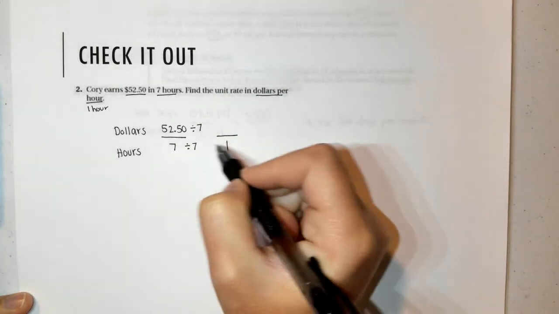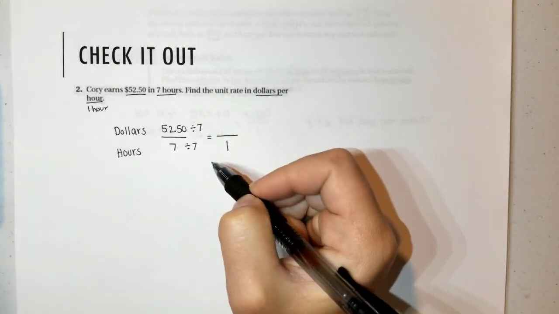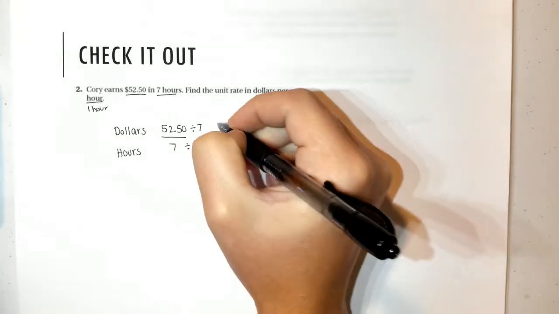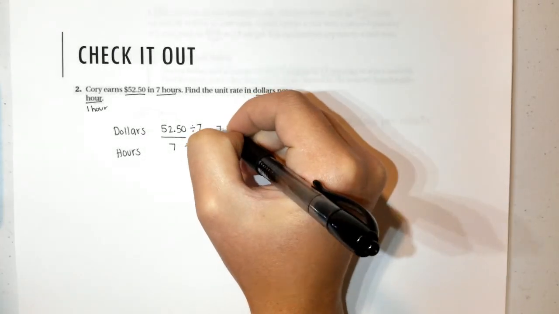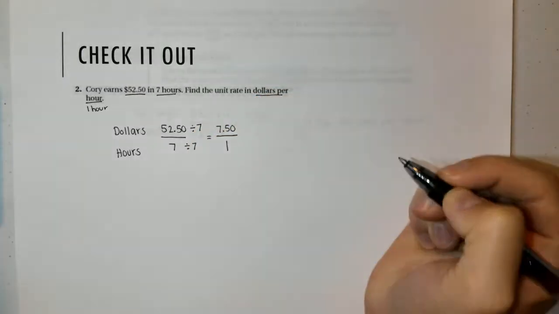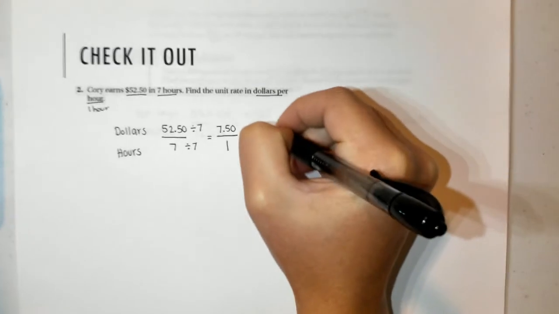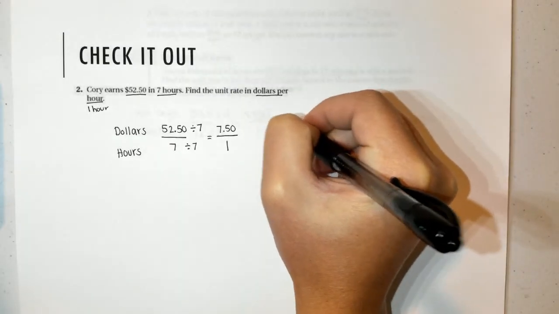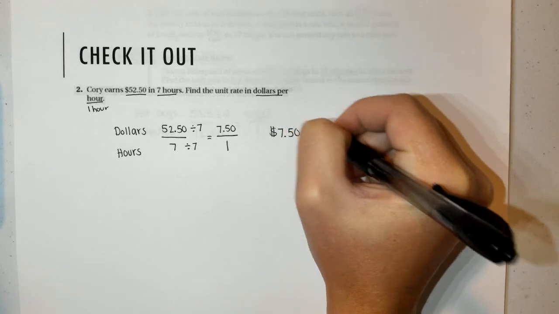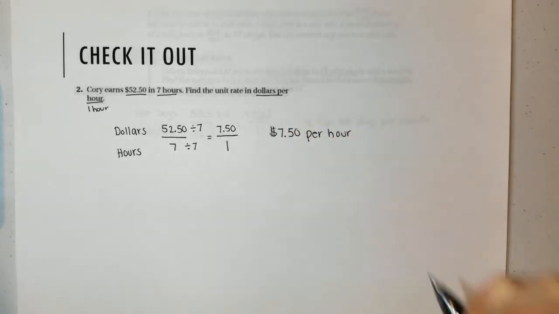So 7 divided by 7 gives me 1. Up top, we have to do 52.50 divided by 7, and that will give us 7.50. So what this means is $7.50 per hour, and that would be our unit rate.